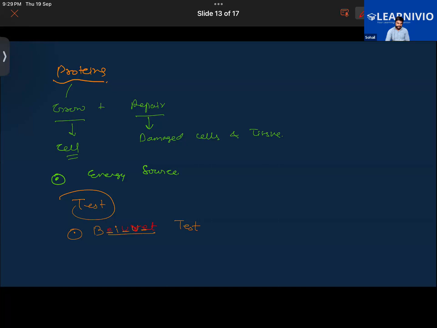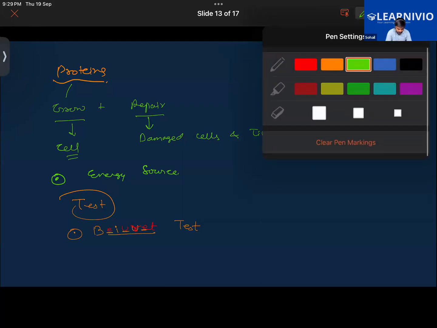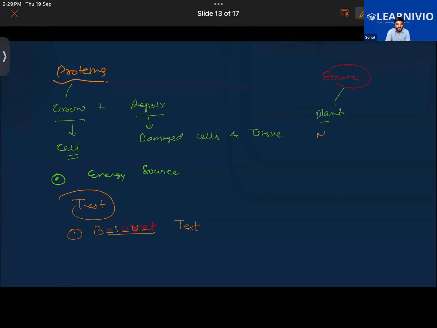Which food gives protein from plants? Green leafy vegetables? Not necessarily. It is there, but in very small quantity. We have, for example, moong. You know about moong?